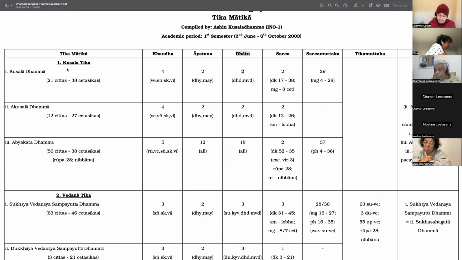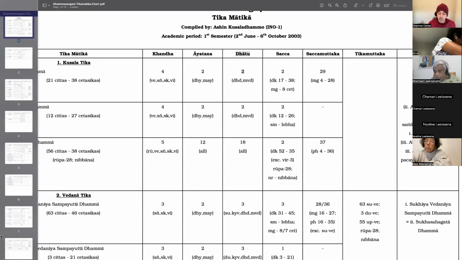So sobana 8 plus, then we have the rupavachara. How many rupavacharas, everyone? 5. 8 plus 5. Then what else do you add? What about the immaterials? Another 4. 8 plus 5 plus 4.